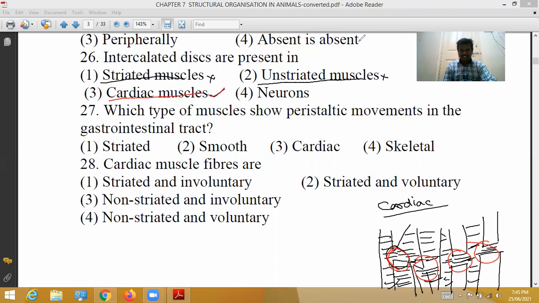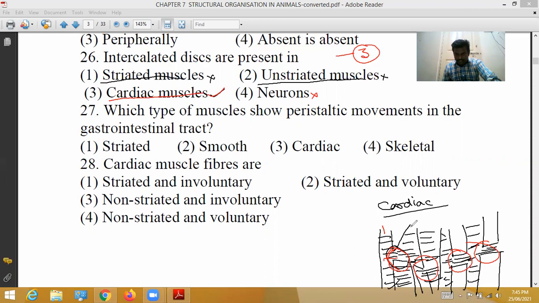So 26th question, correct option is third. Fourth option, neurons, is wrong. Generally, intercalated discs are a unique and distinguishing feature of cardiac muscles. They are dark, irregular, zigzag partitions between adjacent cardiac muscle cells.